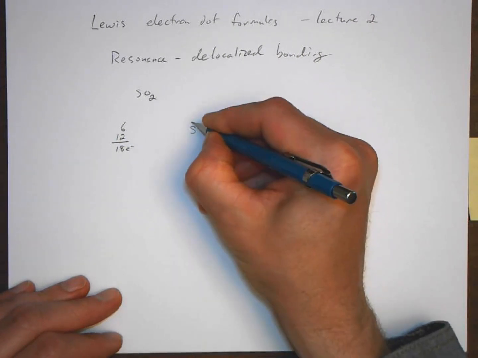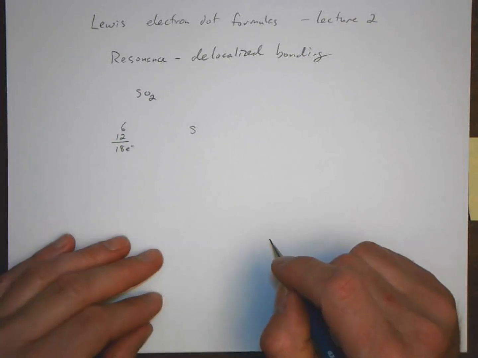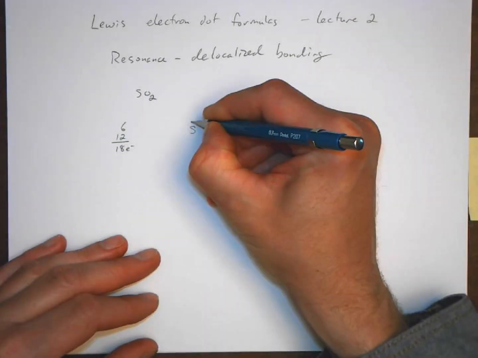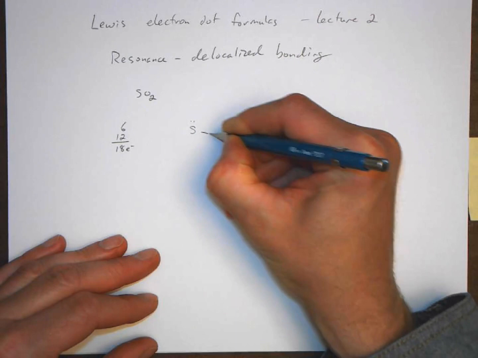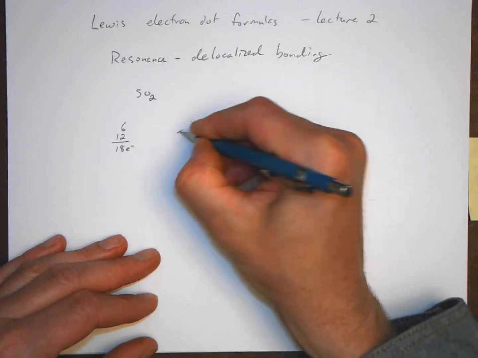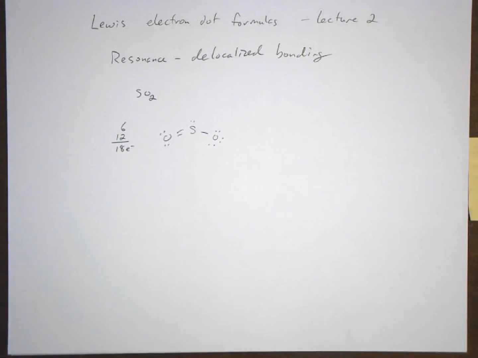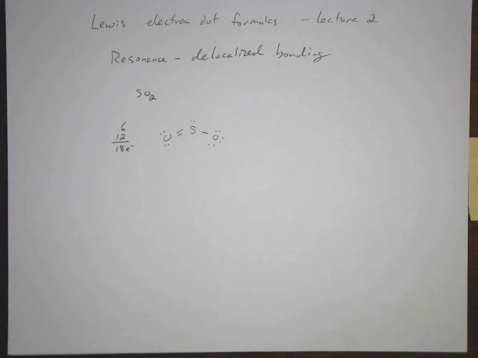I would challenge you to pause the video right now and draw a good Lewis structure for this and see what you come up with. You should have something like this as your Lewis structure.